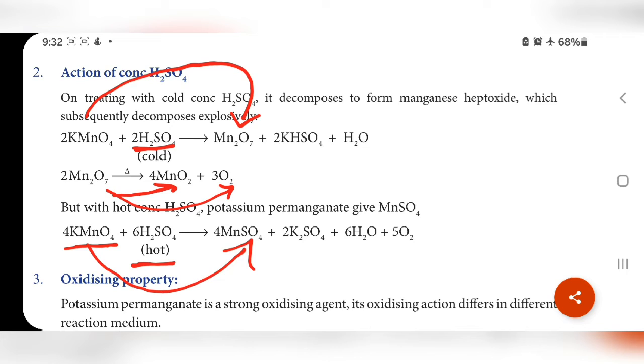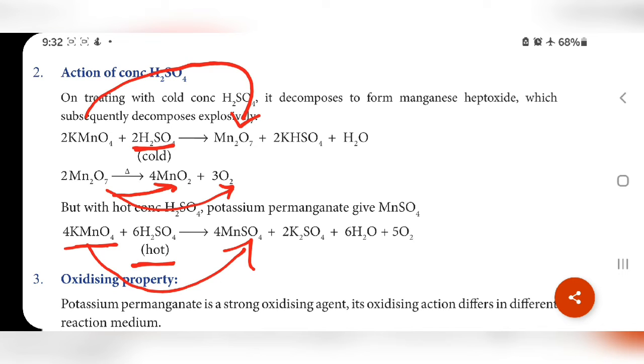In cold concentrated sulfuric acid, it gives manganese heptoxide, which subsequently decomposes explosively, that is, again decomposed into MnO2 and O2. But with hot concentrated sulfuric acid, it produces MnSO4, manganese sulfate. Action of concentrated sulfuric acid over.